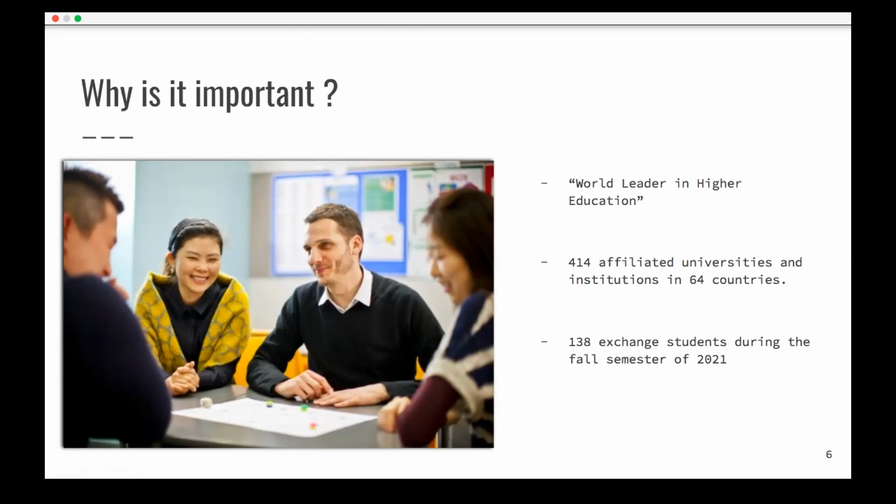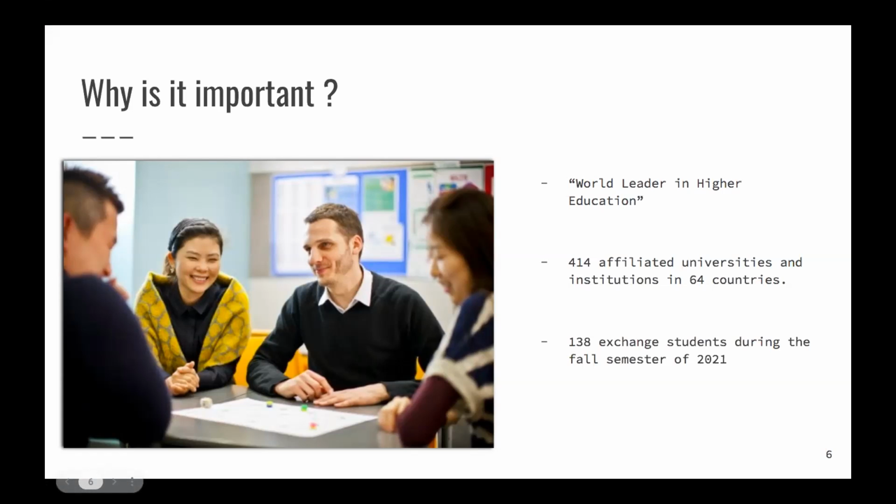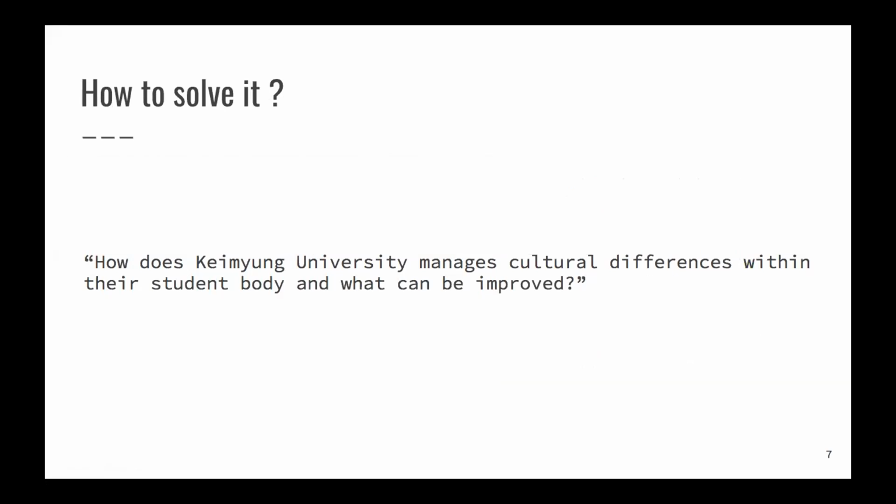It has 440 affiliated universities and institutions in 64 countries, and 138 exchange students during the fall semester of 2021. So this is quite important: we can check if this is true, and if not, how we can improve. So we came up with a simple question: how does the university manage cultural differences within its student body, and what can be improved?